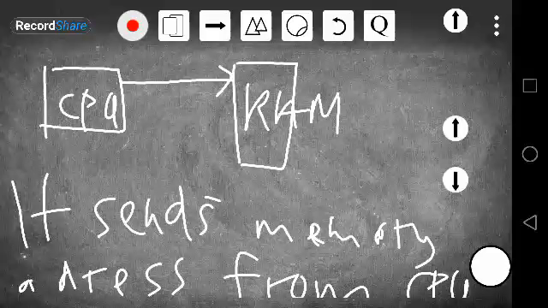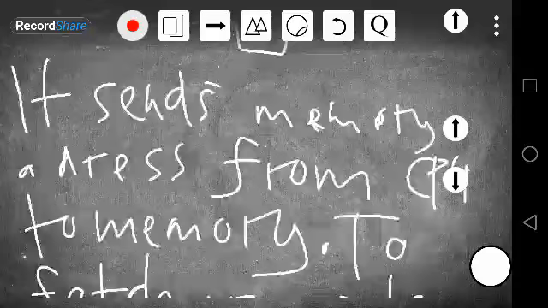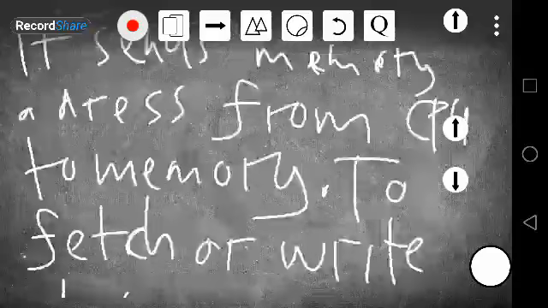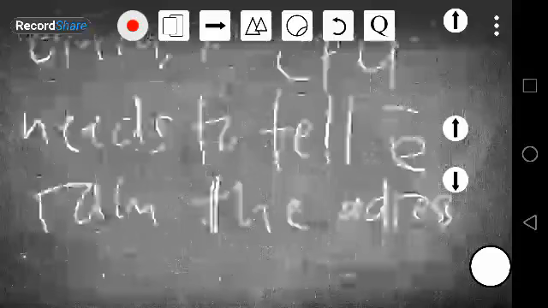So CPU send address to the RAM through what we call an address bus, because its main purpose is to takura ma addresses from the CPU to the RAM.